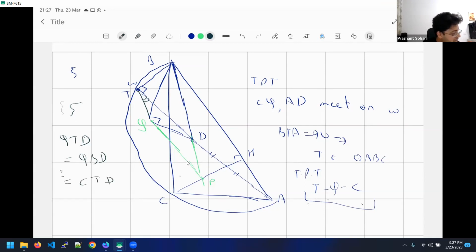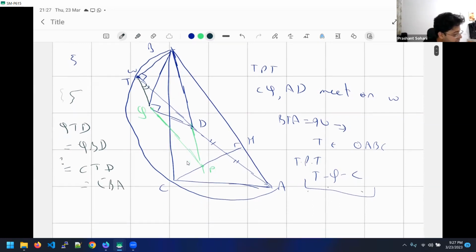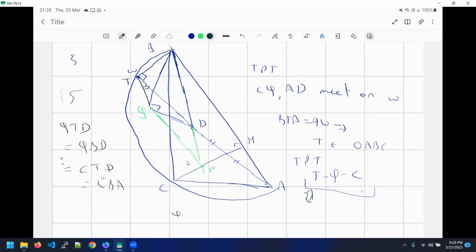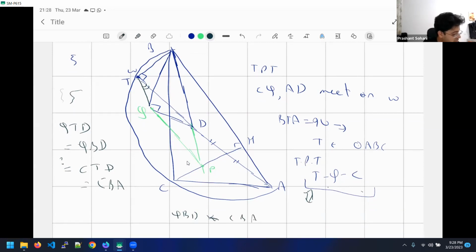But CTD can be chased in the larger circle and is equal to CBA. QBD is the same as CBA. Given that these are right angle triangles, what we really want to show is that triangle QBD and triangle CBA are similar.